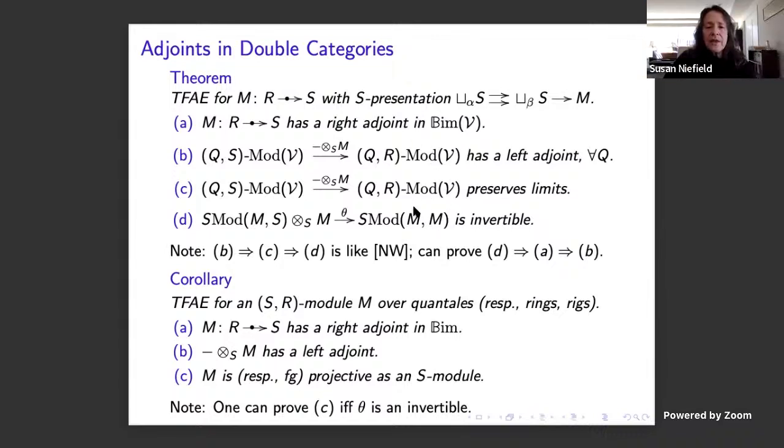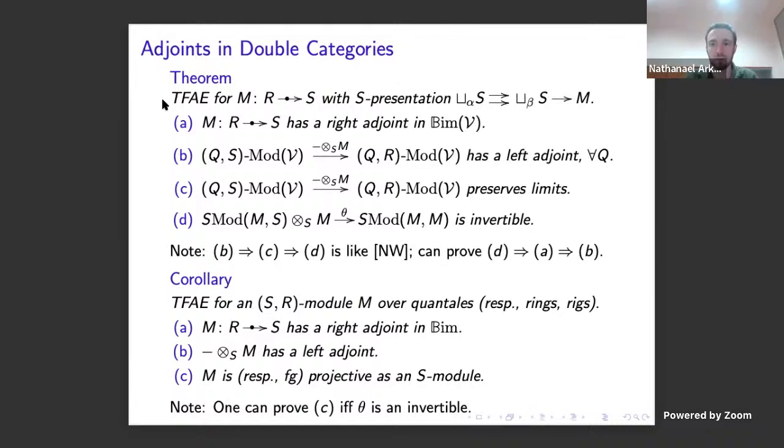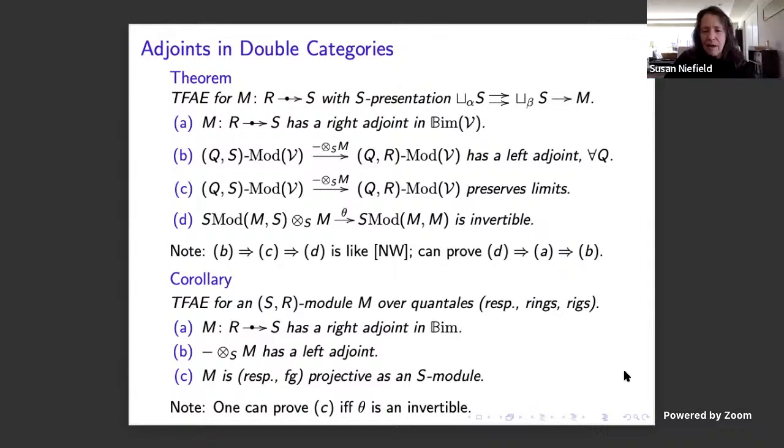The actual theorem, I don't believe I used symmetry. I don't see where you would, because in the theorem, there's tensoring over S. Can you see my assumptions? I can go back and see.